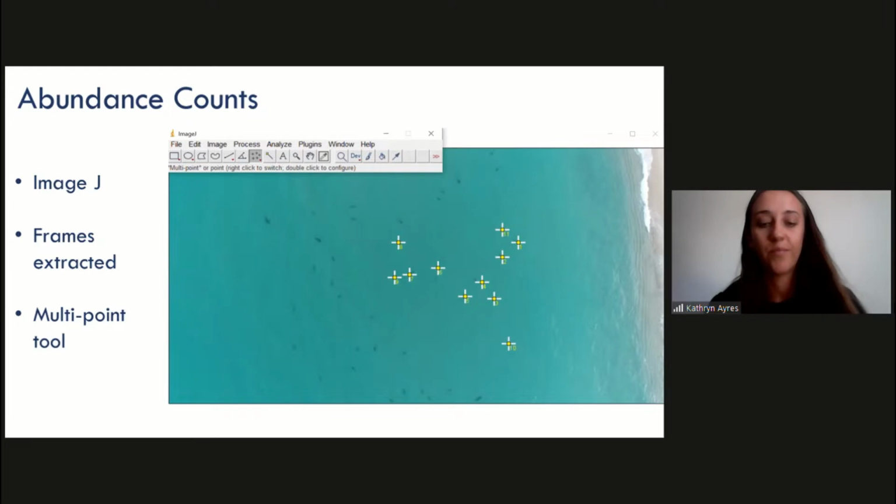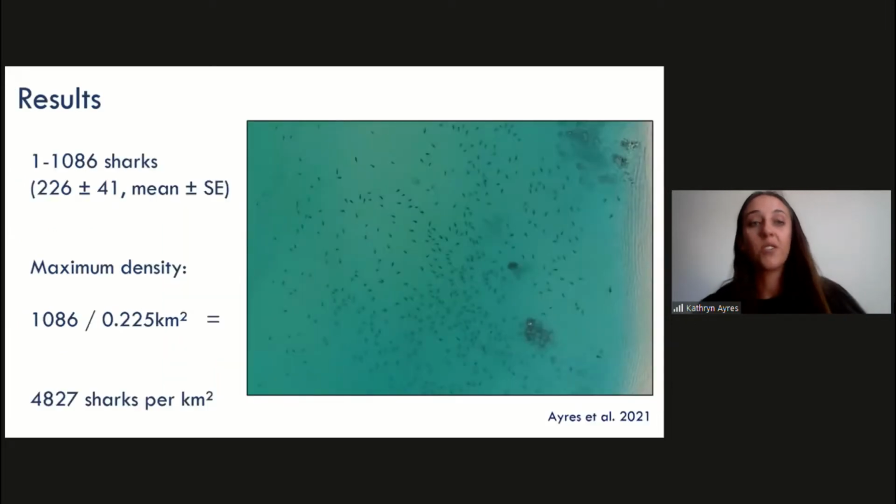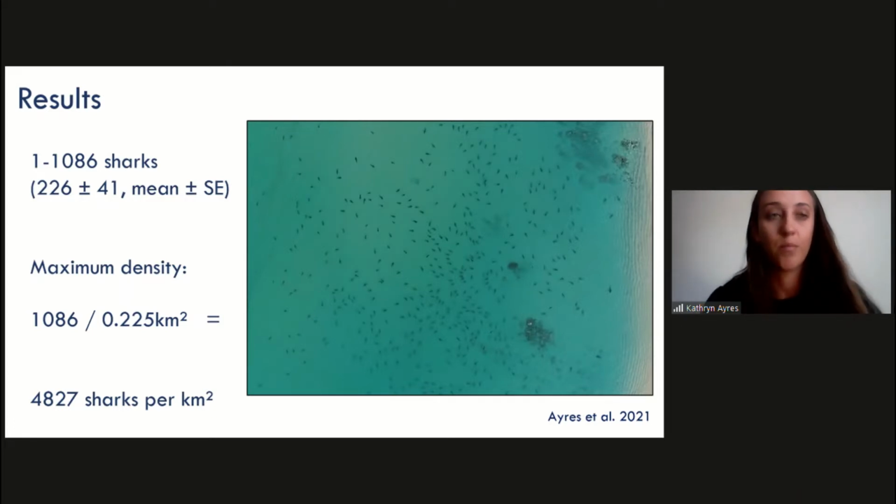So our results, so we counted between 1 and 1,086 sharks along the transect area, which gave us a maximum density of 4,826 sharks per kilometre squared. And this data was published last year.